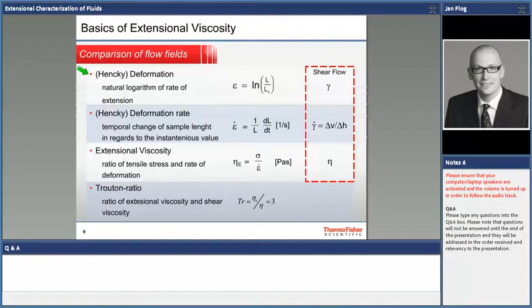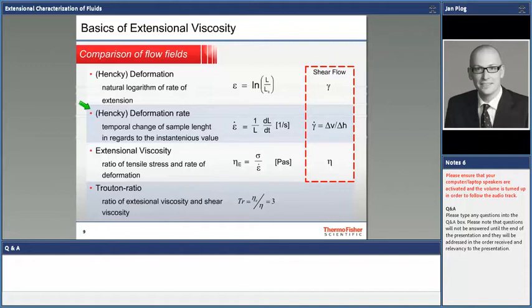And this is why we have to introduce new parameters, material functions for extensional rheology. We will talk about the Hencky deformation, which is nothing else but the natural logarithm of the rate of extension. Okay, and this epsilon that you see here is very much comparable to your strain or deformation that you know from shear flow. But it's of course an extensional strain and not a shear strain.